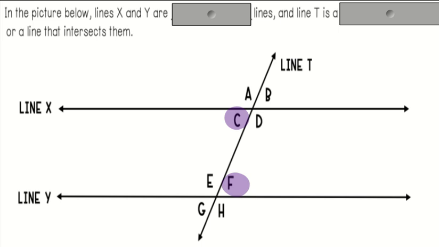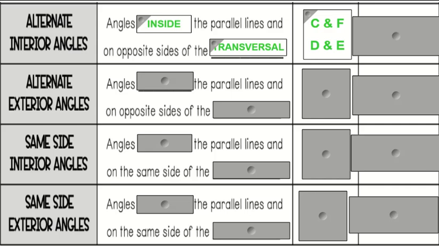C is on the left, F is on the right. That's what they mean by alternate, okay? So they alternate which side they're on. They're on the inside, they're interior. Easy enough, right? And they are congruent. So that means they're the same.